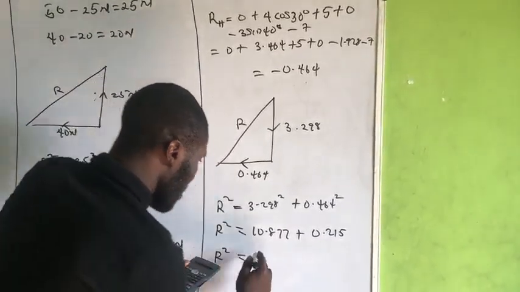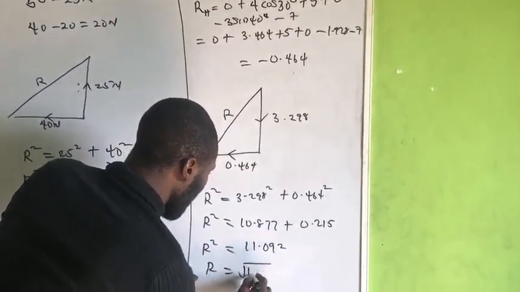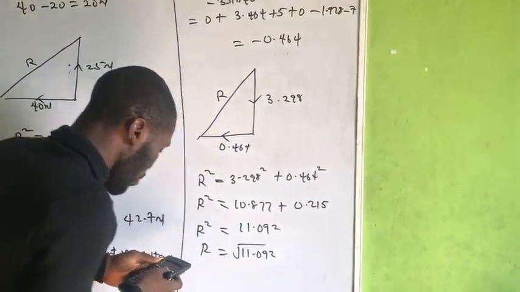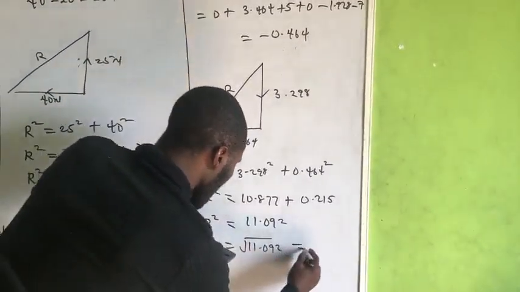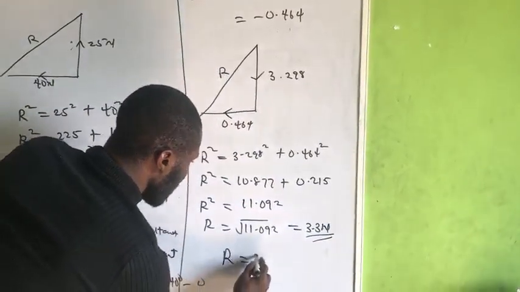This will be 11.092. So R will be the square root of 11.092, which is 3.3 Newton. So the resultant is 3.3 Newton.